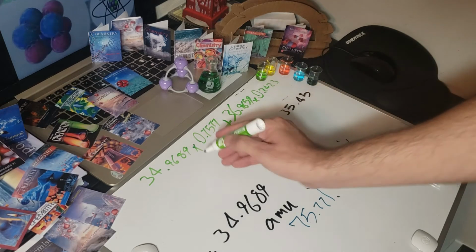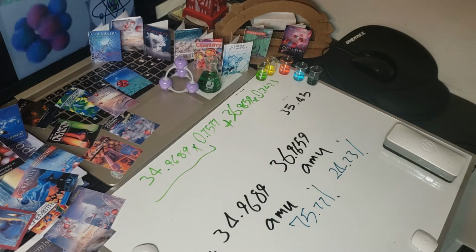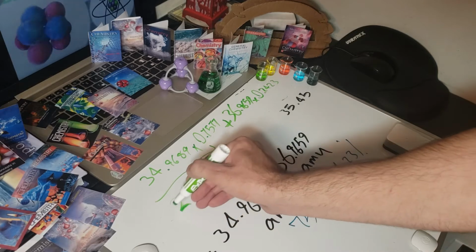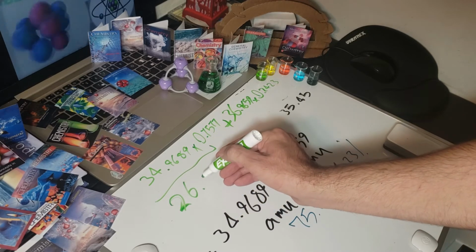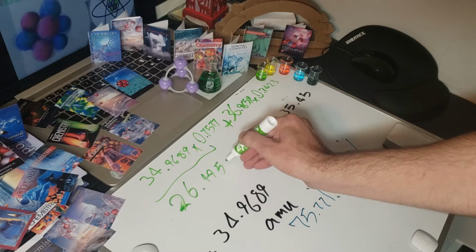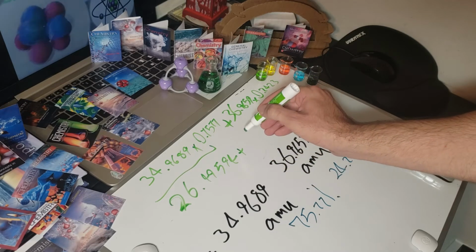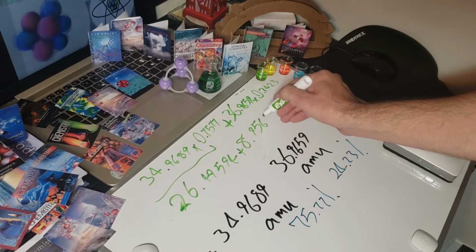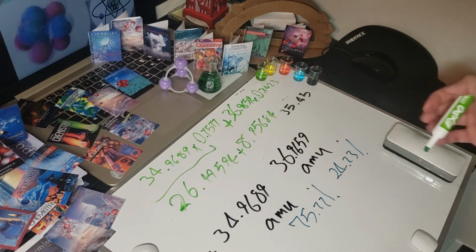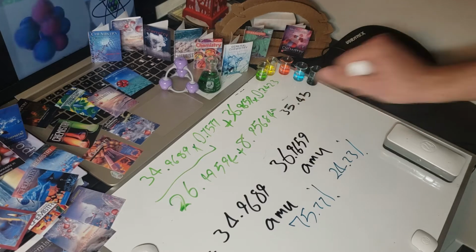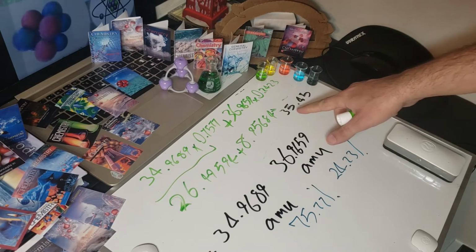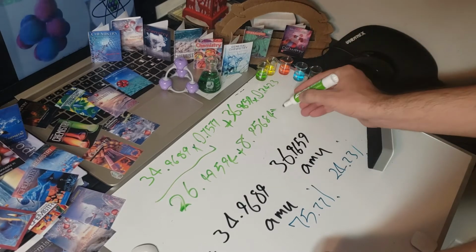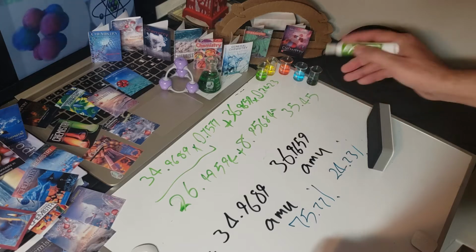0.2423. This will give you a number that is 26.49594, plus this one will give you a number 8.95684, and if you add them up you will find exactly 35.45.